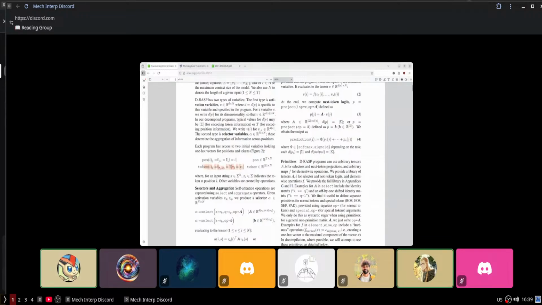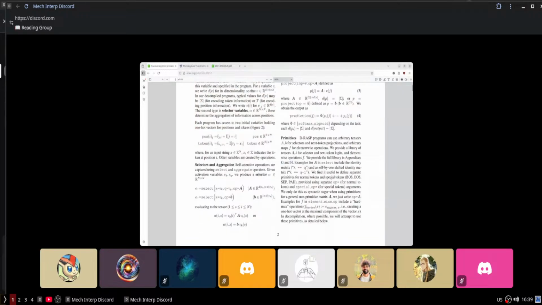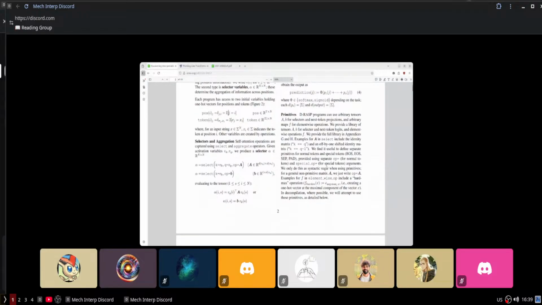And the position encoding is the same kind of thing. Okay, so that's it.